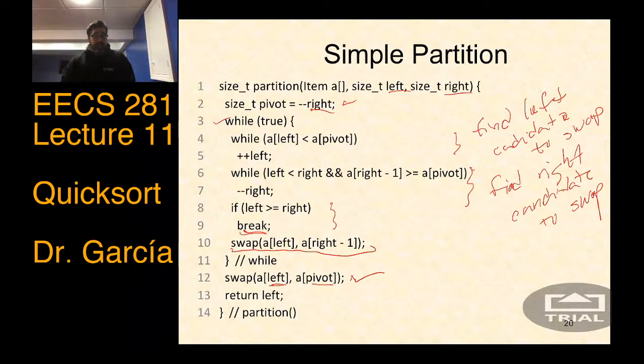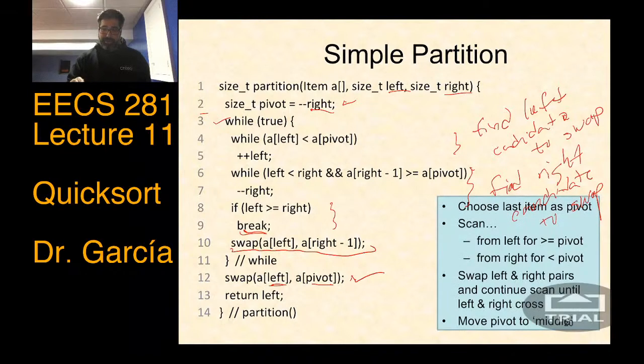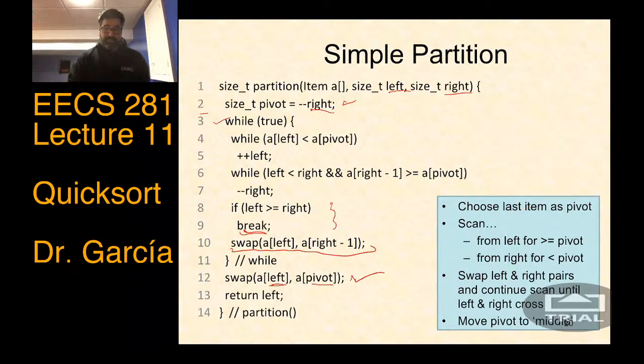All right, so you might not be pleased with line 2, where we're selecting a pivot as the rightmost element in the array. Before I go there, here's a quick overview of what I just explained with my terrible writing. I'm just going to erase my terrible writing if I can. And there it is. So we choose the last item as pivot.